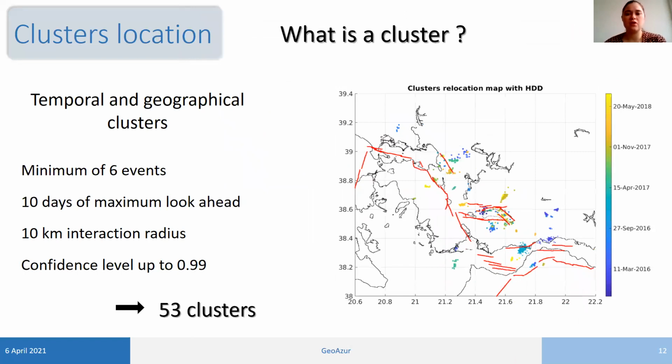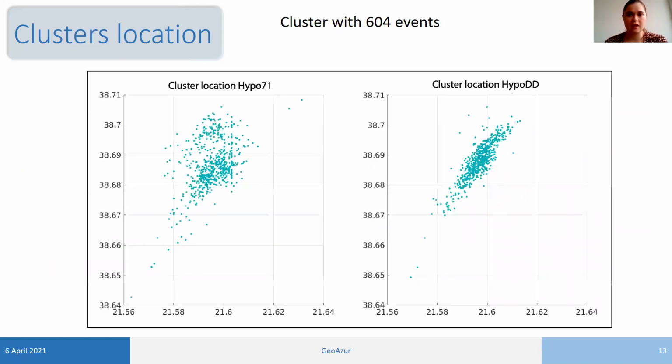To locate once again more precisely, but this time relative to clusters, we use a double-difference method, HypoDD, that allows us to have an idea of the cluster geometry. The next slide is an example of a seismic cluster just here, north of Trichonis Lake, in yellow. To the left you have the location with the velocity model on Hypo71, and to the right the relocation with the double-difference method.